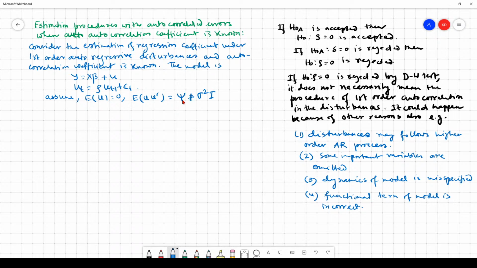That means the errors are correlated, and expectation of epsilon equal to 0, E(epsilon epsilon') equal to sigma epsilon square.